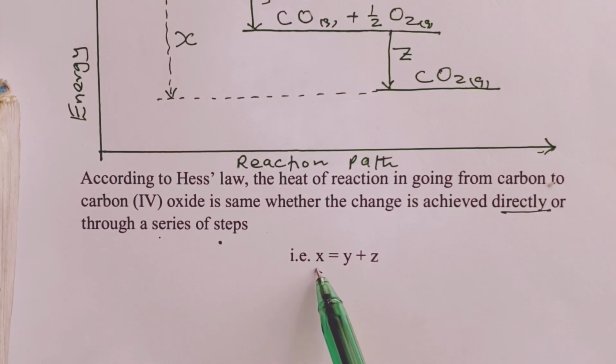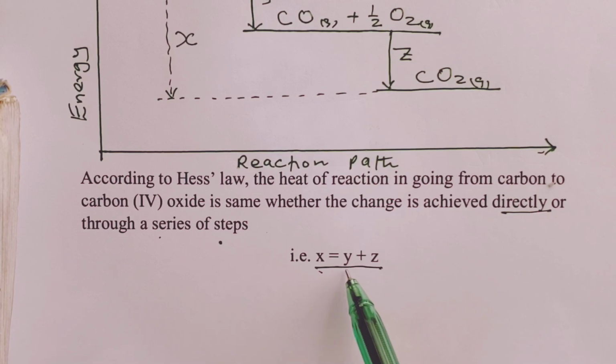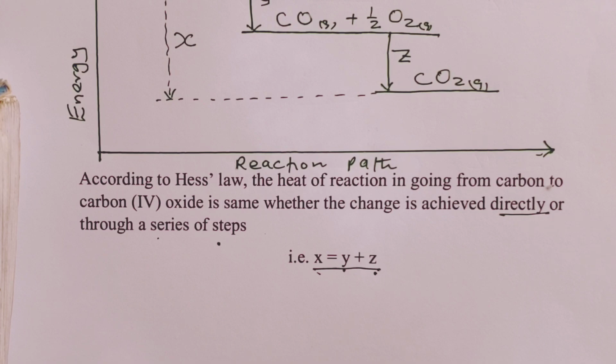So we can conclude from our two diagrams that X is given by the summation of Y and Z. That is Hess law in simple terms. Let us now move on and see in which situations we apply the law. That is applications of Hess law.